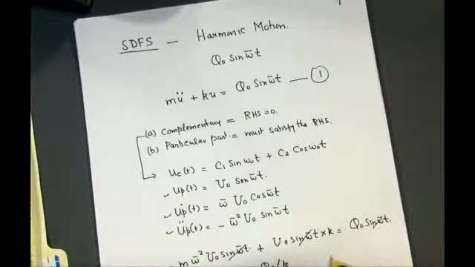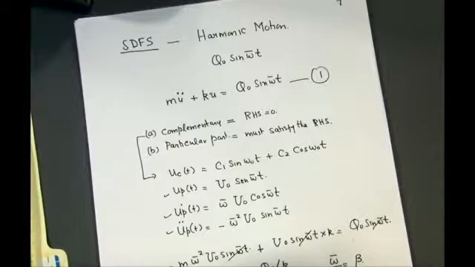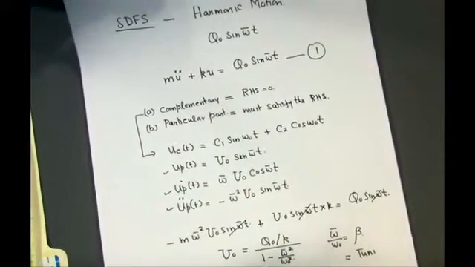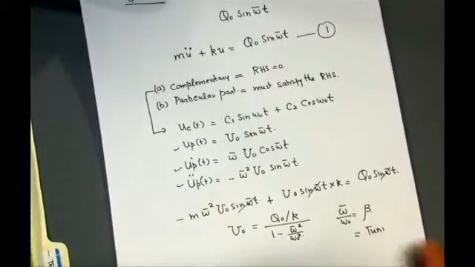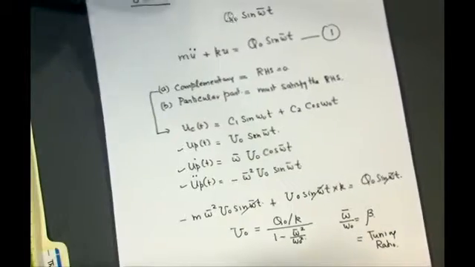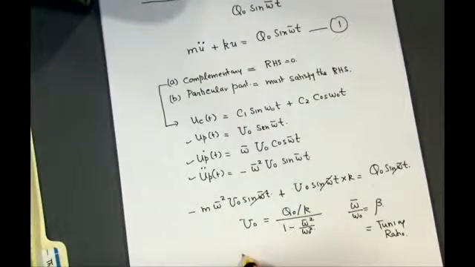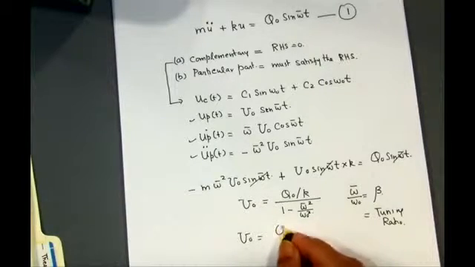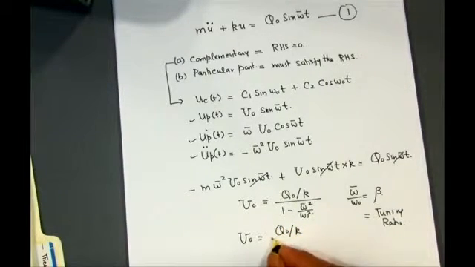And this ratio of omega bar over omega 0 is a very important ratio, and we generally define it as beta, and this is called the tuning ratio. Okay. So we can write that u0 is equal to q0 over k times 1 minus beta square.